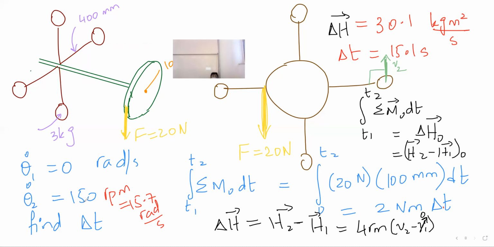And I multiplied 400 millimeter, that is 0.4, with 15.7. Agreed? Yes or no? Yes. So V2, I multiply, look, V2. Okay.